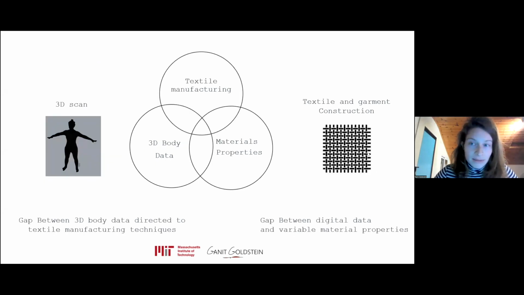And I think from my perspective, I see this kind of gap between the body data and the textile and garment construction. And the gap is basically in the translation between the textile manufacturing, the gathering of body data, and the material properties. So these are the three aspects that I'm studying also together with the immersion lab.